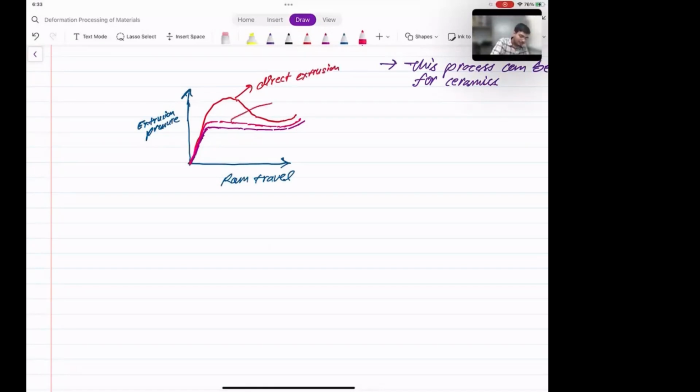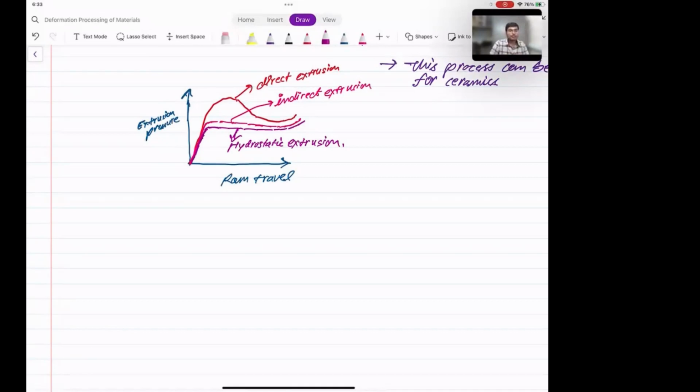This one is for indirect extrusion, and this below one is for hydrostatic extrusion. Okay. So in this way, this particular process is carried out.